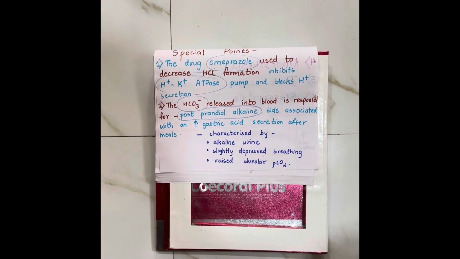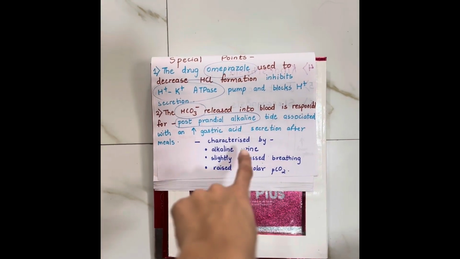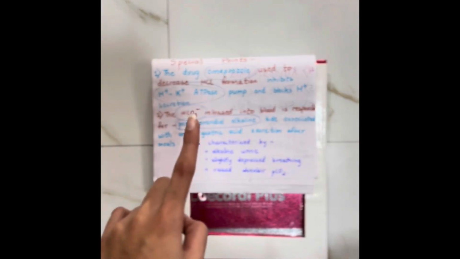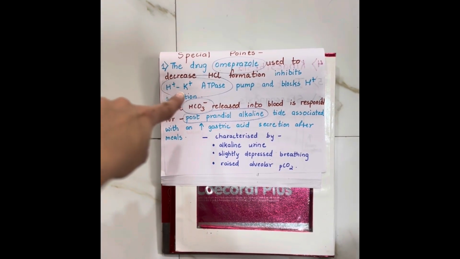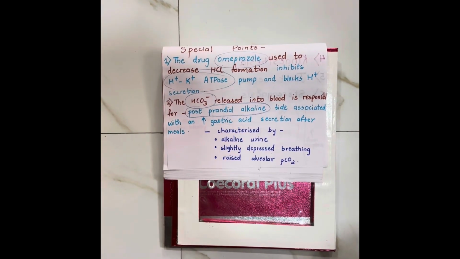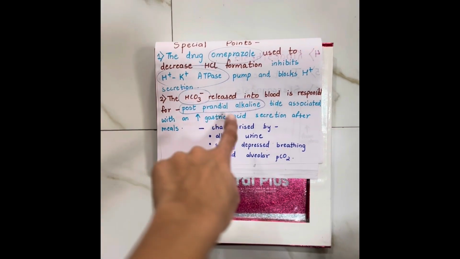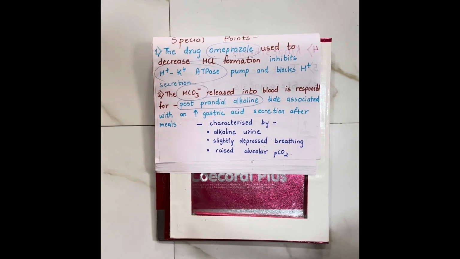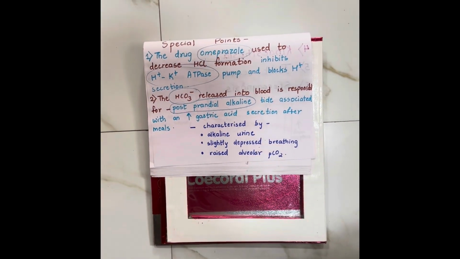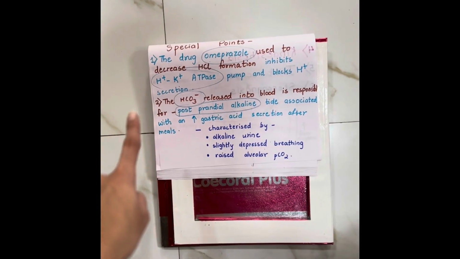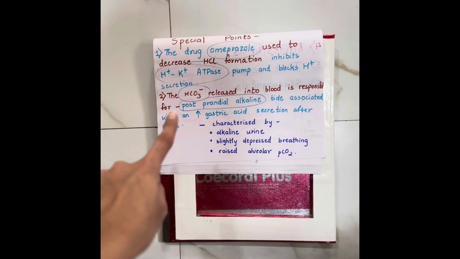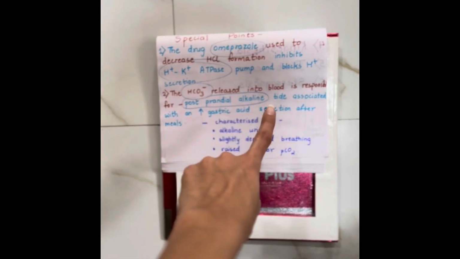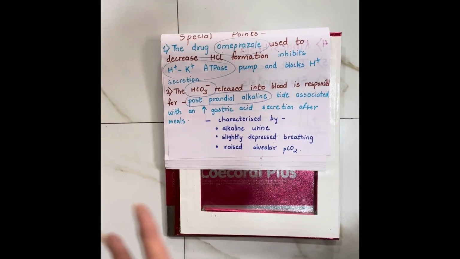Now if it's difficult to remember the 3 points it's associated with, just remember the keywords: bicarbonate released into the blood during HCl secretion is responsible for postprandial alkaline tide associated with increased gastric acid secretion. Just write these two keywords: omeprazole blocks H plus K plus ATPase pump, and bicarbonate is responsible for postprandial alkaline tide. This word is important.